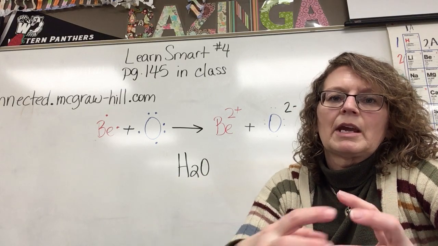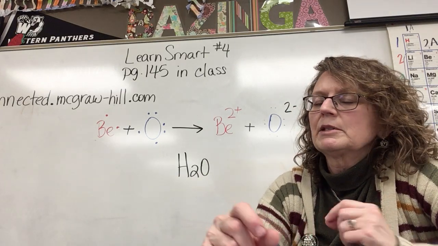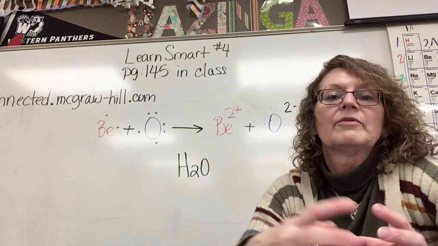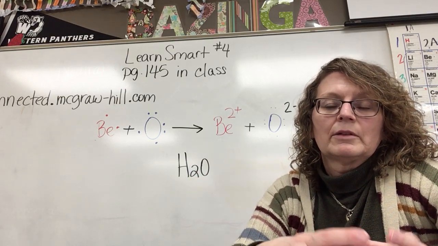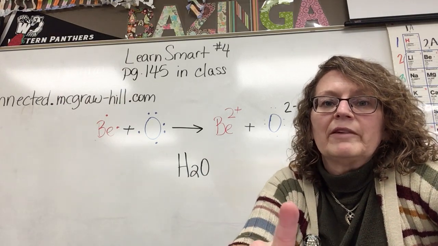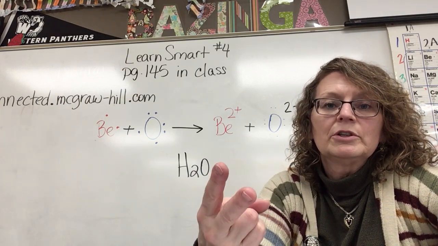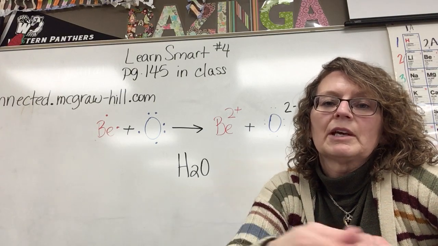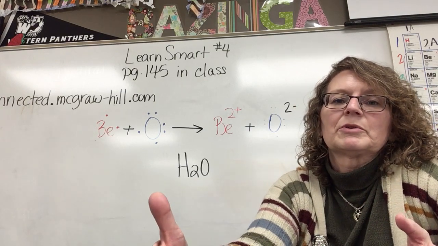Valence electrons are the electrons responsible for bonds, and your dot diagrams show the valence electrons, the outermost electrons. Group 1 has 1 valence electron, group 2 has 2. Group 3 we skip, because that's transition metals, 3 through 12.